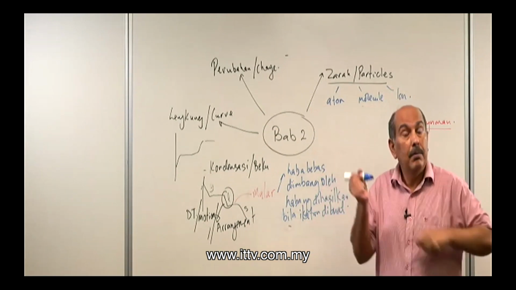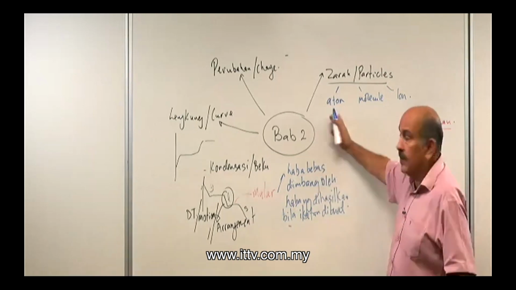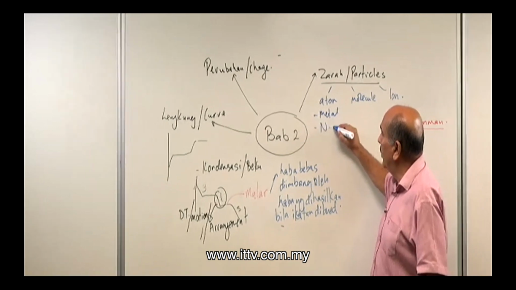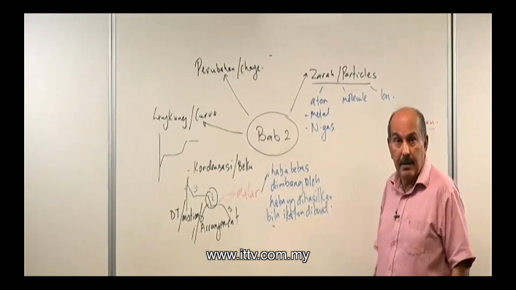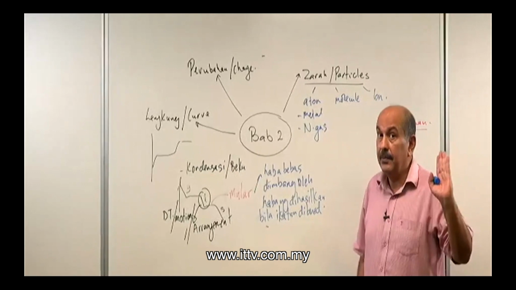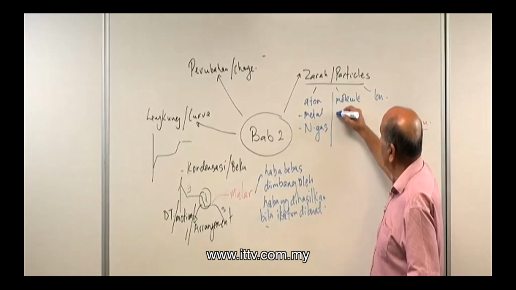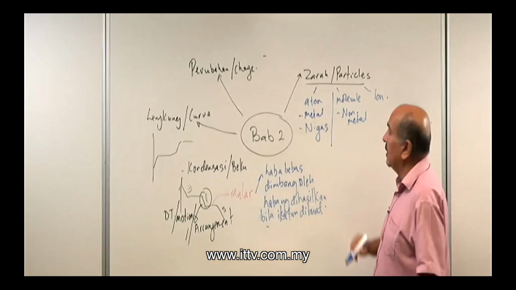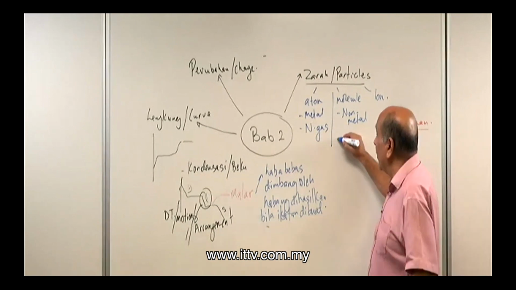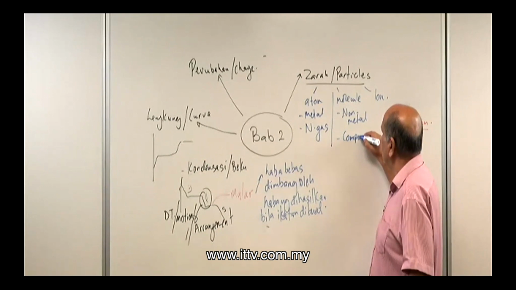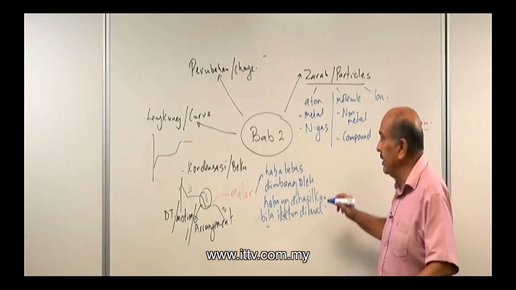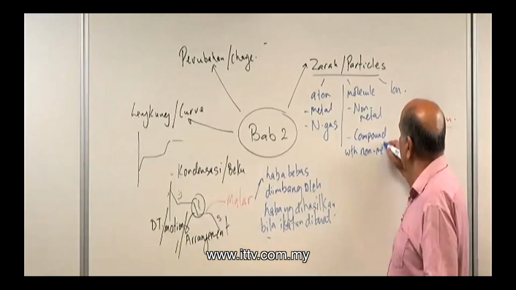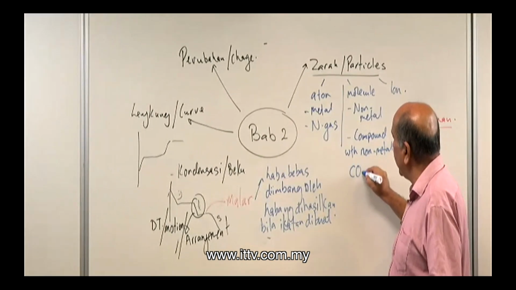Okay, so who has atoms? Metal and noble gas. They contain atoms. Who has molecules? Non-metal, like that. Or any compound, sebatian, with non-metal, like carbon dioxide.